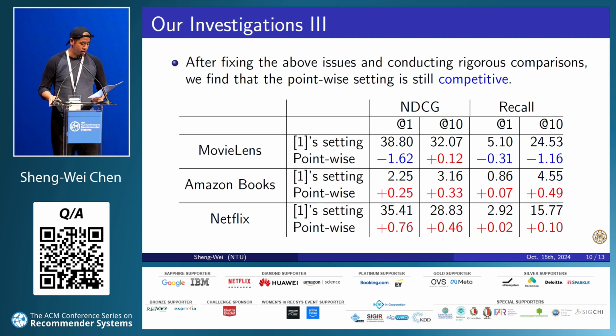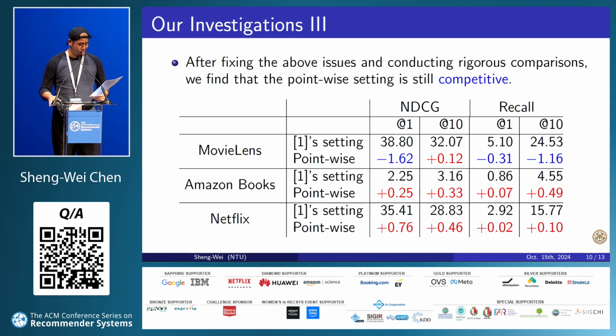After fixing the above issues and conducting rigorous comparisons, we find that the pointwise setting is still competitive. In this table, we consider NDCG and recall at 1 and 10 to compare work number 1's setting and the pointwise setting.